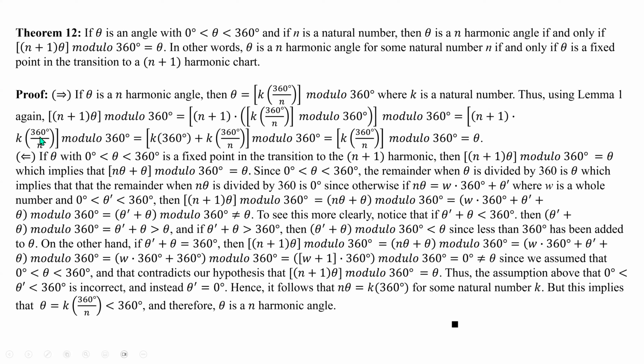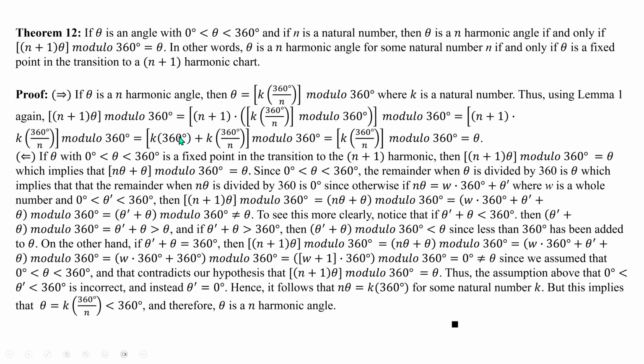Well, if I multiply through, distribute this product across the sum, I get k times 360 degrees plus k times 360 degrees over n. Now, what happened here is when I multiplied n by this thing, the n's canceled out, so I was just left with k times 360 degrees.